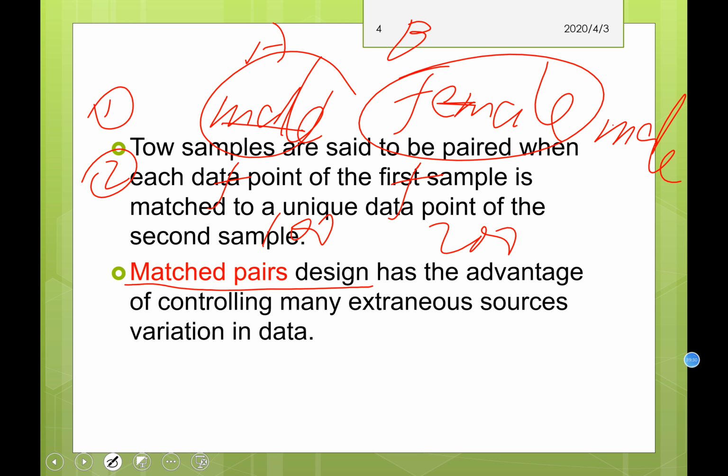So when we compare these two groups, the influence of gender is reduced. So finally, we can find out if A is better than B or not. So that is the advantage of matched pairs design.